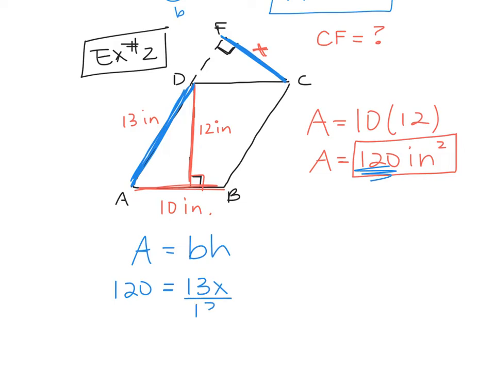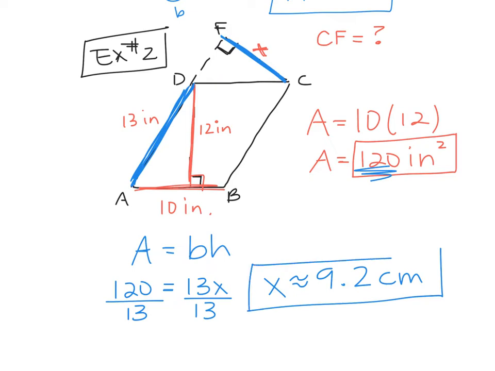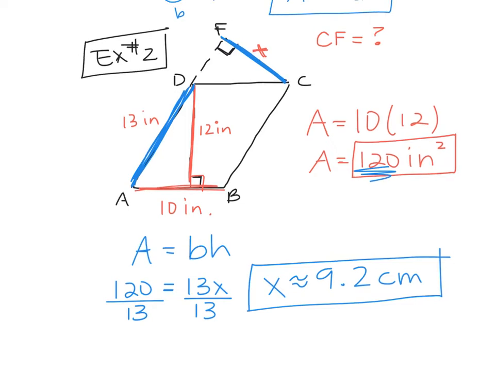All you have to do then is divide by 13 to solve for that x. So you do 120 divided by 13, and that comes out to, we're gonna say it's approximately, because we're rounding, 9.2 centimeters. Okay, so you have a base and a height, and a base and a height. If you find the area, then you can use that area to find the missing piece. Questions on that? All right.